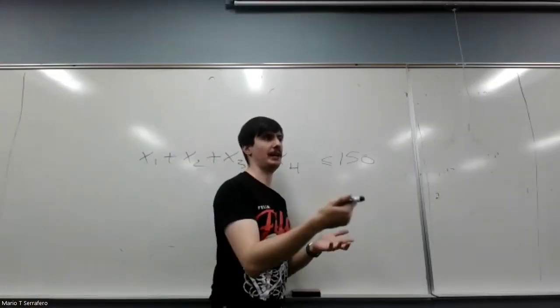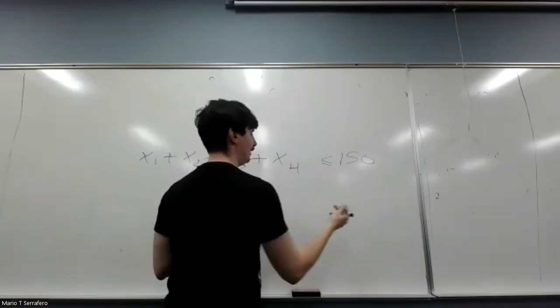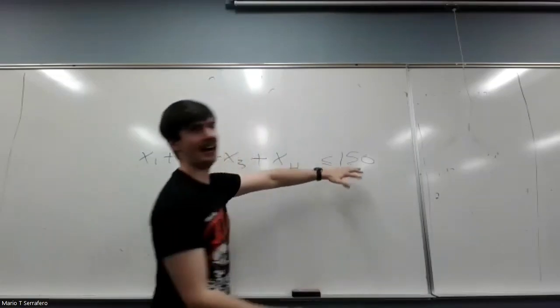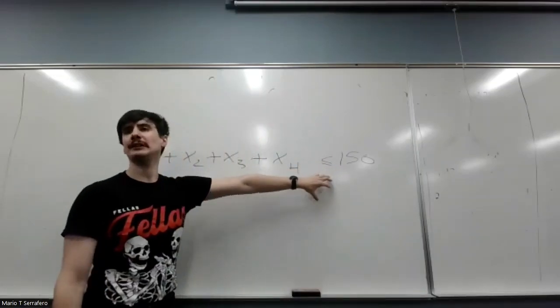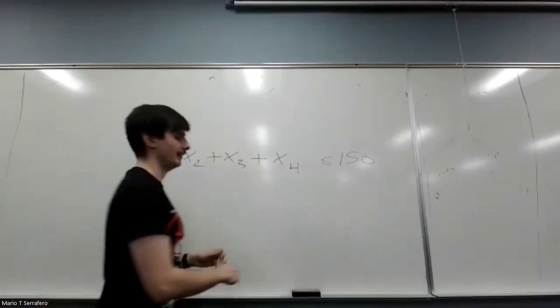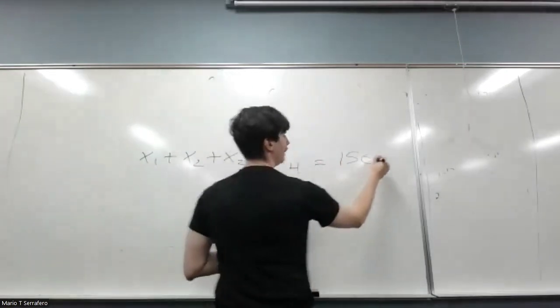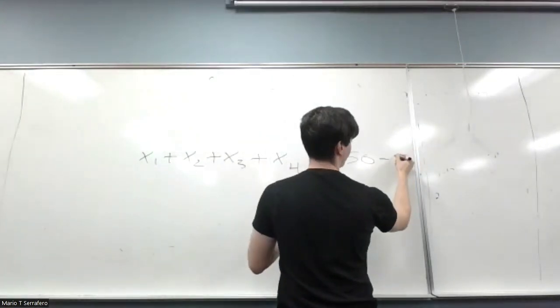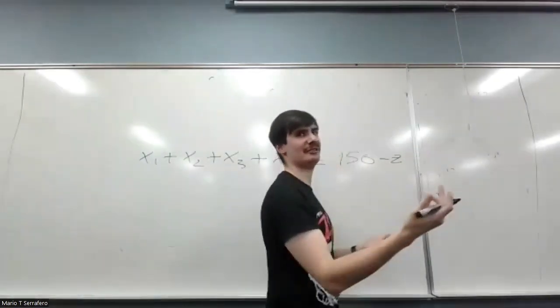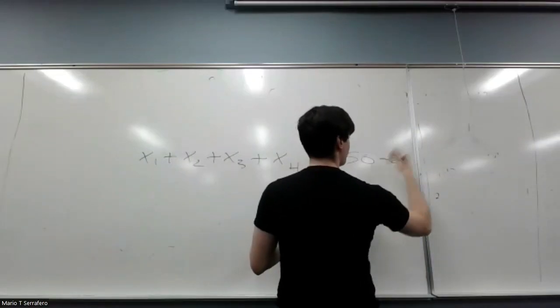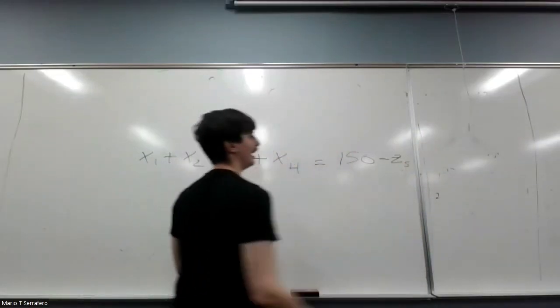One of them is the way our friend over here said: if I need to be less than or equal to 150, that is the same as saying I have to be equal to 150 minus something. I'm going to use a different name for this one. It doesn't matter if I don't call it X. Mathematics doesn't care about that. So let's call it C5.